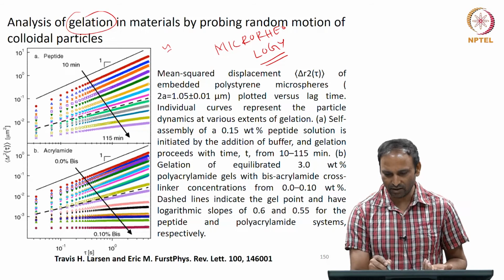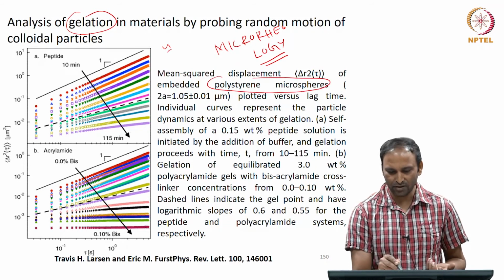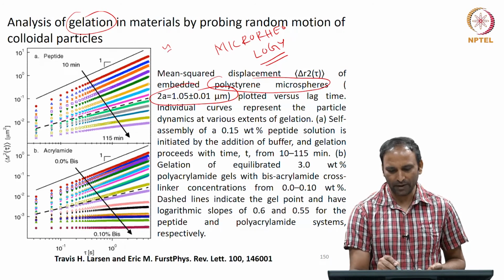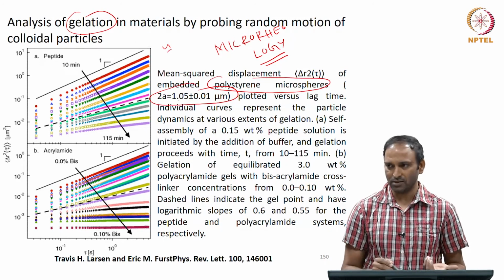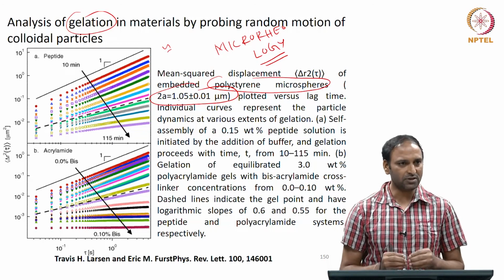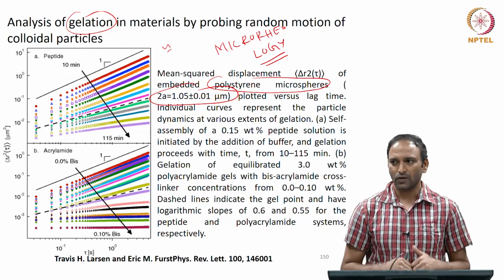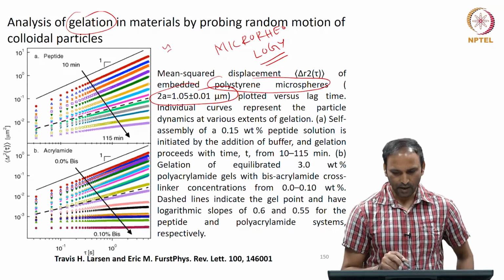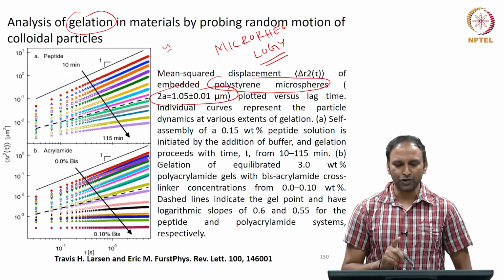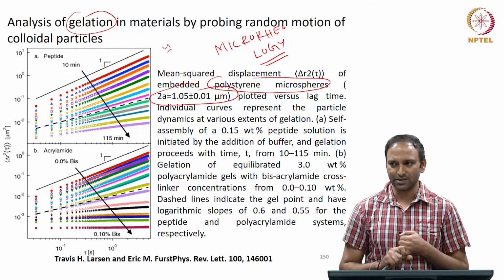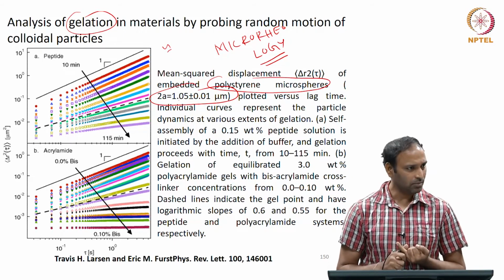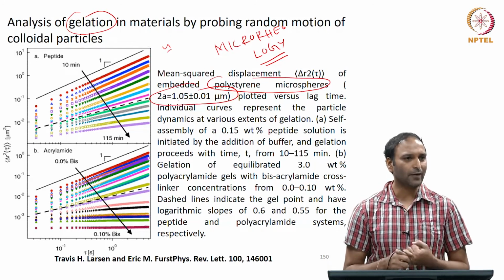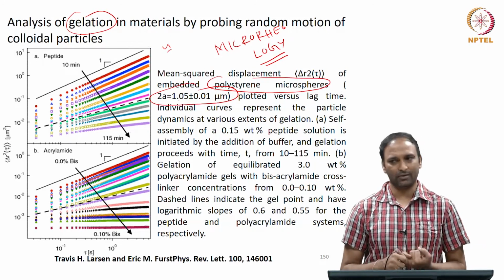In this case they have taken polystyrene microspheres of 1.05 plus or minus 0.01 micrometer dimension. You put these probe particles in a solution which is undergoing gelation. The only thing you should ensure is that the concentration of these particles is very low, and these particles in no way should influence the gelation process.